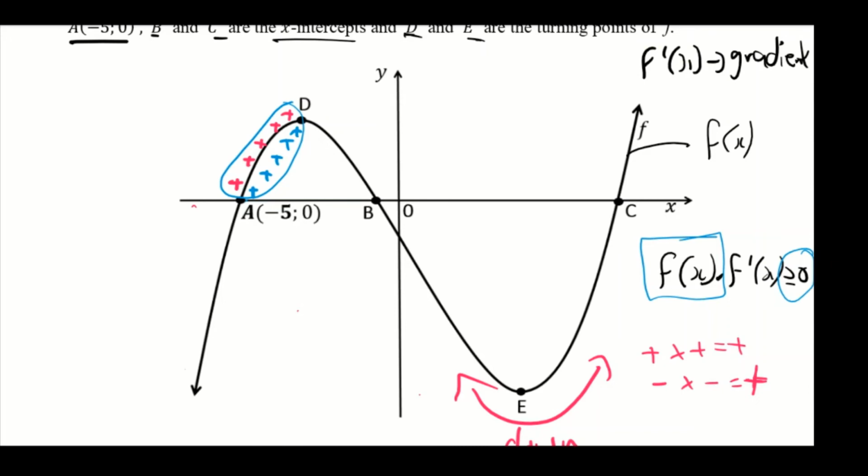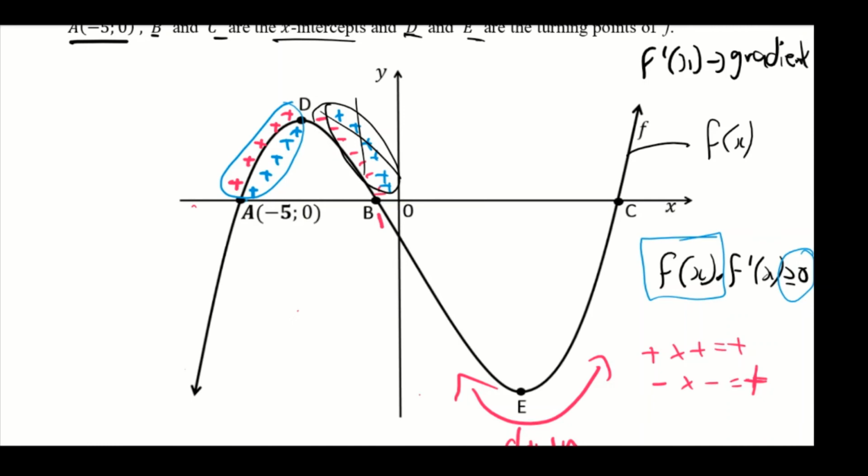And then let's try out here. Here the gradient is decreasing, so it's negative, negative, negative. But the y values are positive, positive, positive. So this will not work because a positive times a negative gives us a negative. And then we try out here.